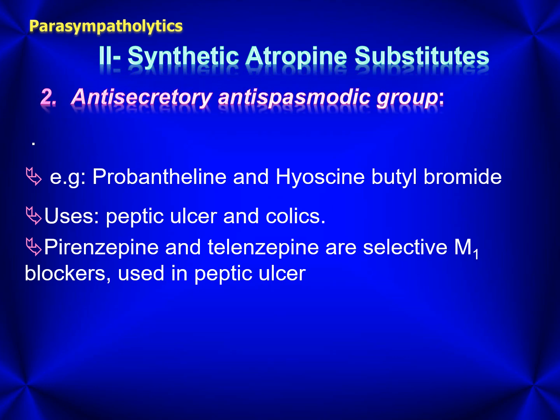We have antisecretory and antispasmodic drugs, for example propantheline and hyoscine butylbromide. They are used in peptic ulcer and colics. Muscarinic receptors are 3 types. M1 are responsible for gastric secretion. Pirenzepine and telenzepine are selective M1 blockers, and they are preferred to atropine in peptic ulcers.